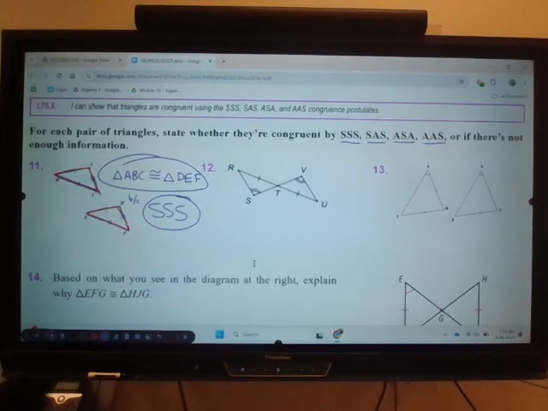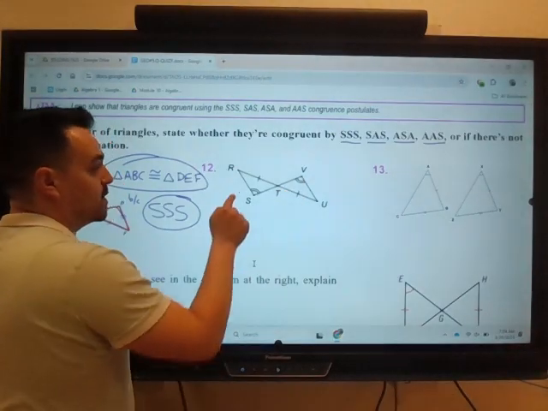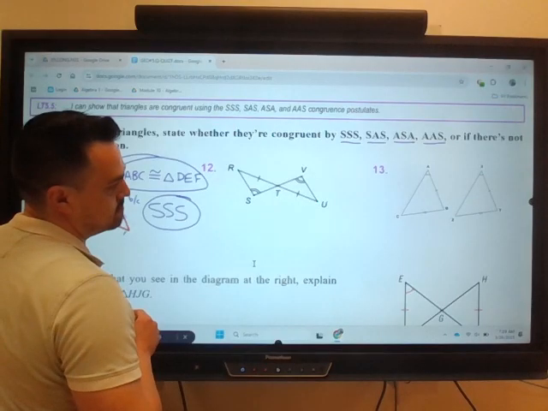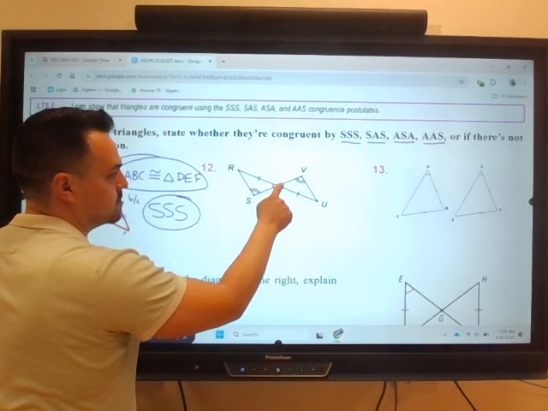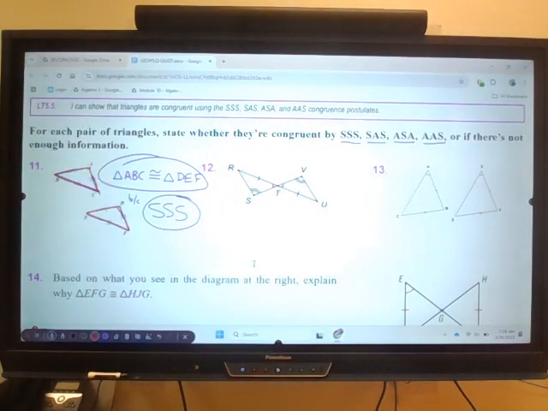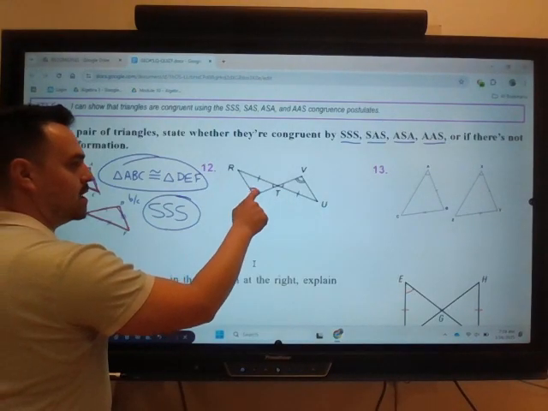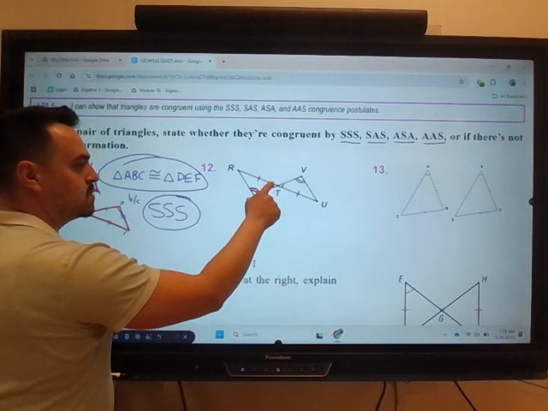What about the next one? Well, we have these congruent angles. We have these congruent sides. Ooh, something else, vertical angles. We know that those 2 angles are congruent. Okay, I see it now. Angle, angle, side.